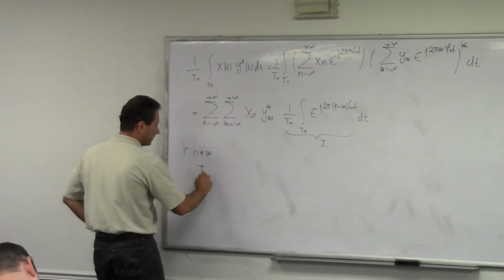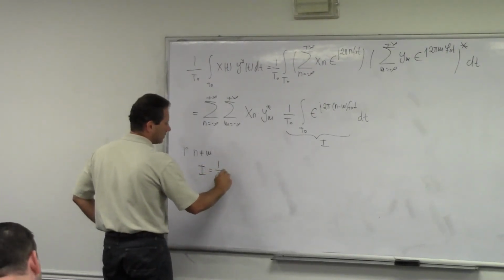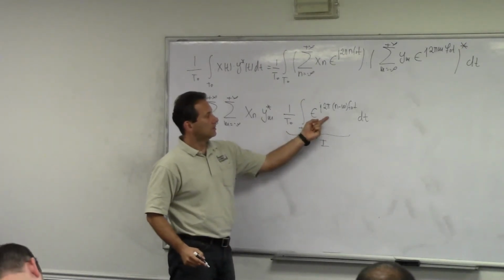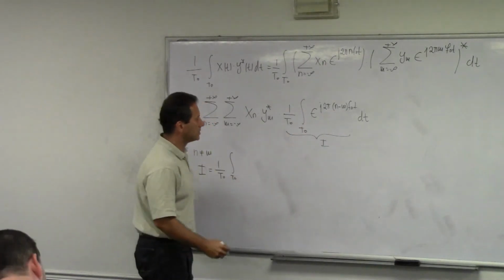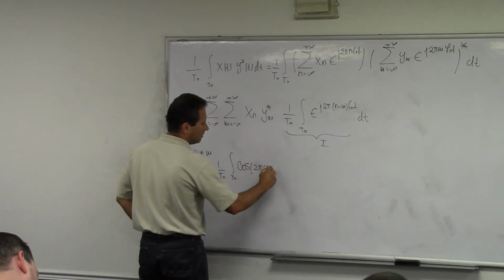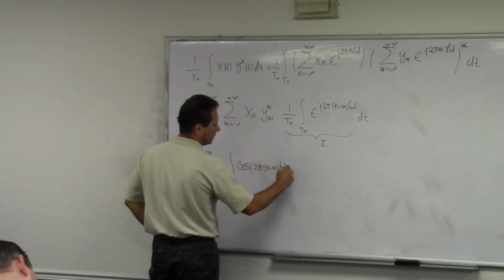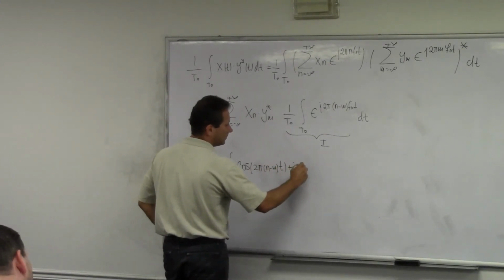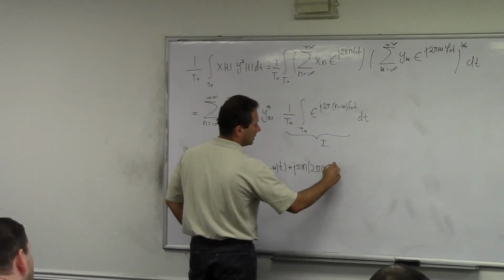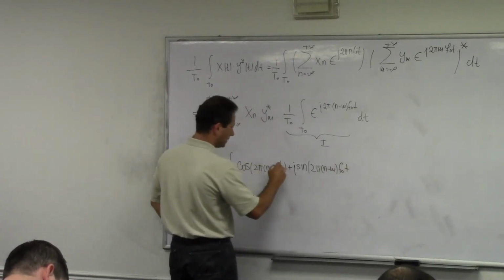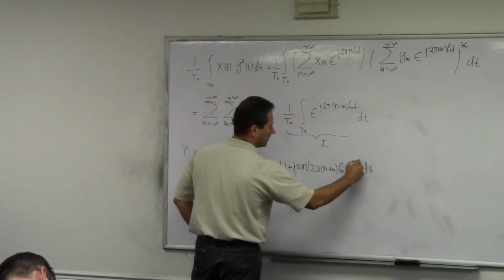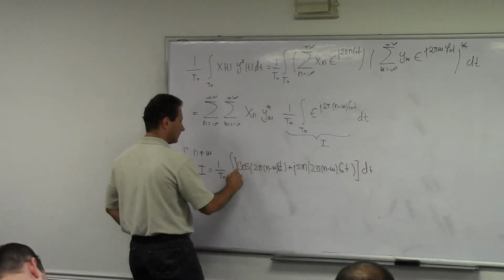So this integral I becomes 1 over T0, integral over T0, and I'm just going to use Euler's identity here. So this becomes cosine 2 pi n minus m f0 t plus j sine of 2 pi n minus m f0 t, dt. What's the value of this integral?